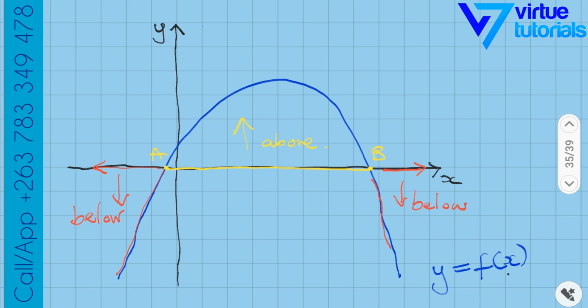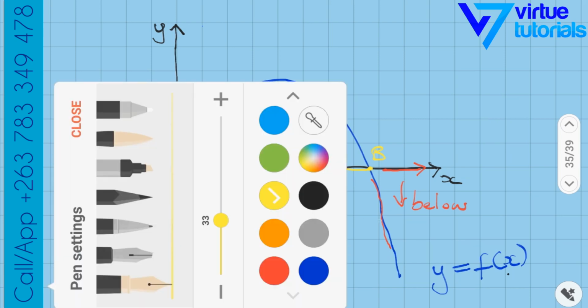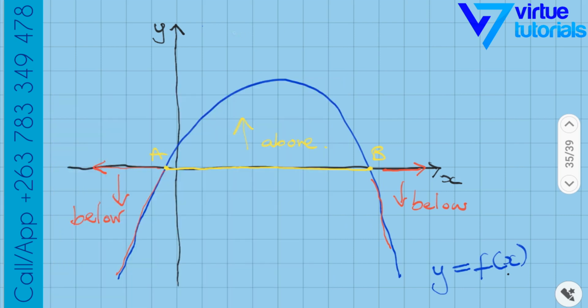Now what we need to understand is that when the curve is above, the function is positive. So the function is positive, right?